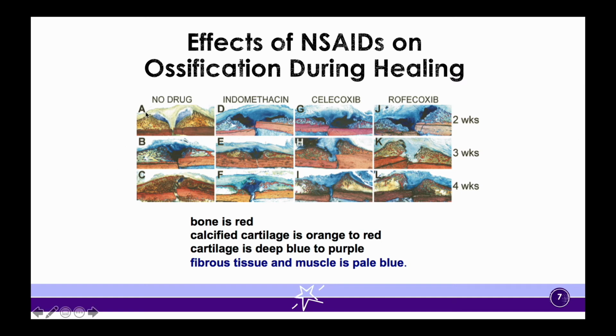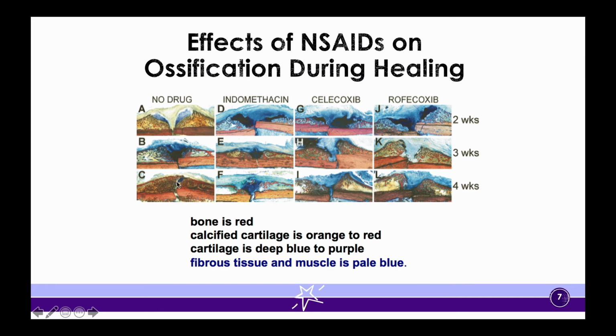So when we take a look at no drugs given, so this is no non-steroidal anti-inflammatory drugs given, we had the break right here. It's starting to heal. We build up that fibrous tissue as it's trying to start the healing process. Cartilage is starting to form. It then begins to calcify at around 3 weeks or so.